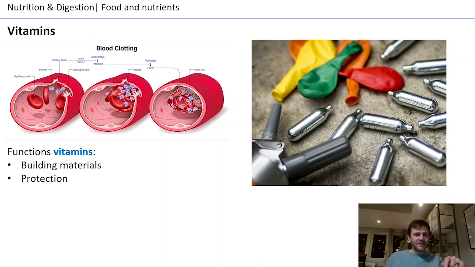Now, here you see nitrous oxide, also known as laughing gas. It's famous for its short, light high, but it also has a lesser known effect. It makes vitamin B12 inactive in the body.